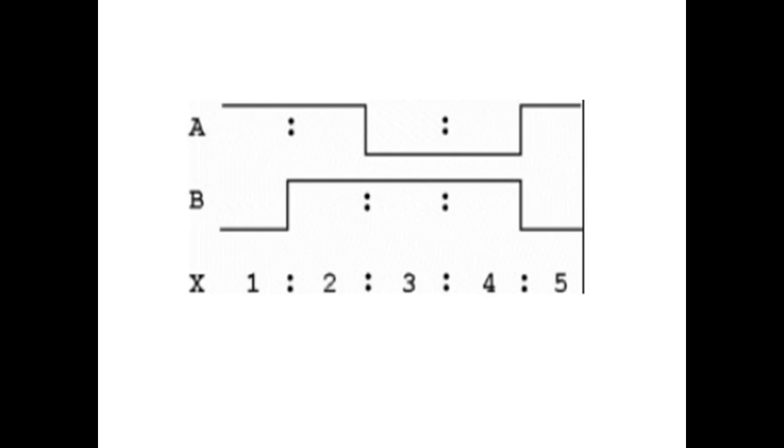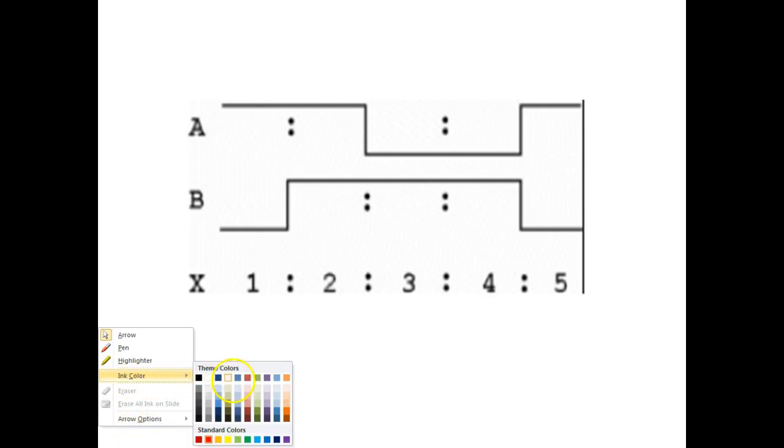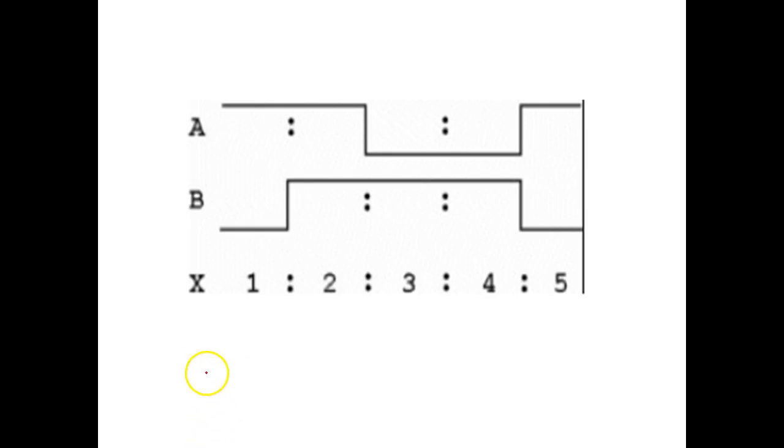So this is exclusive OR. Of course, that would be the symbol right here, right? It shows us what we get when they're not equal. So we'd start off.